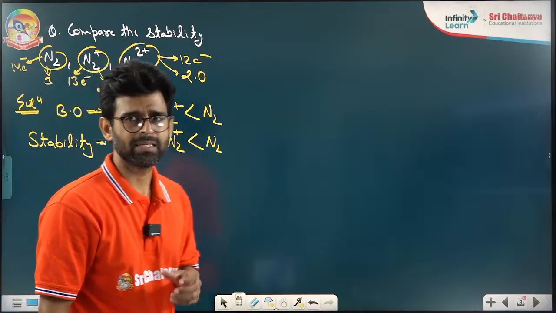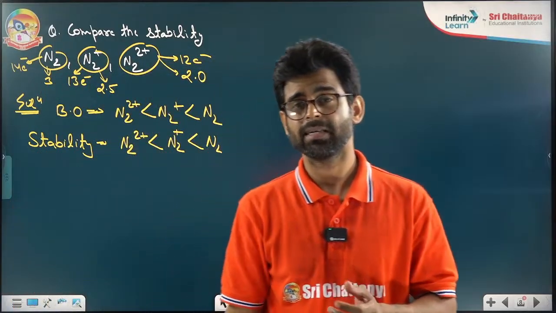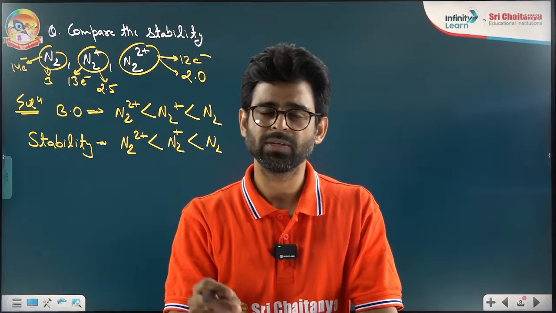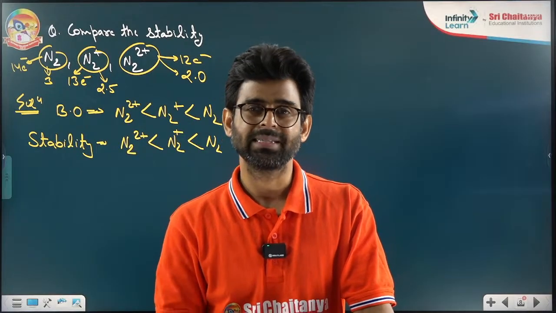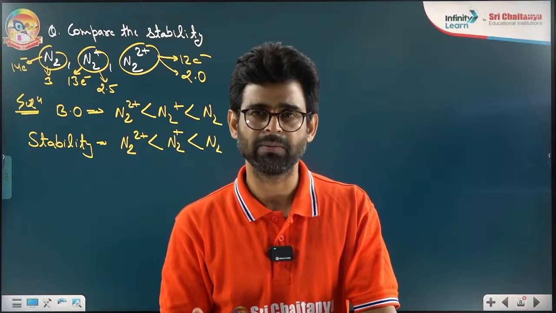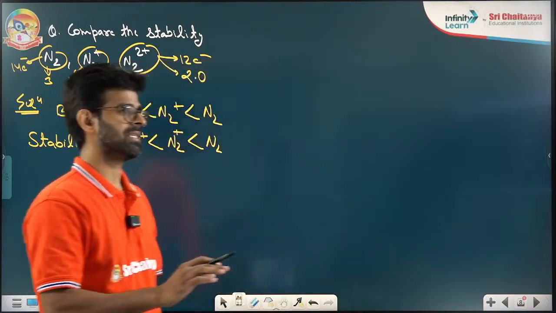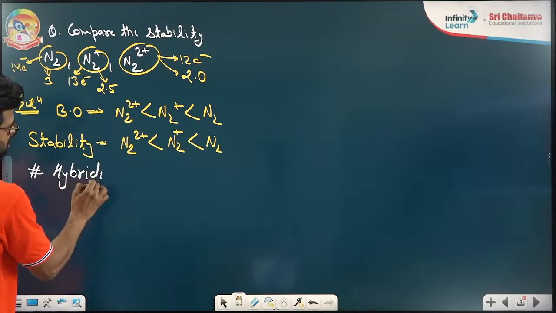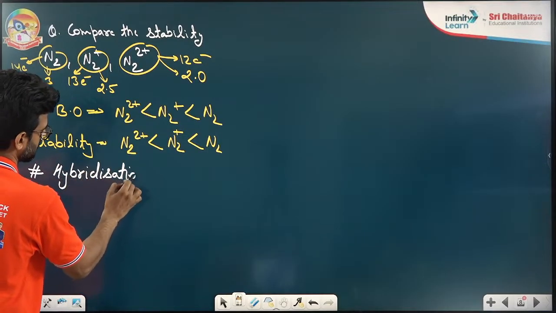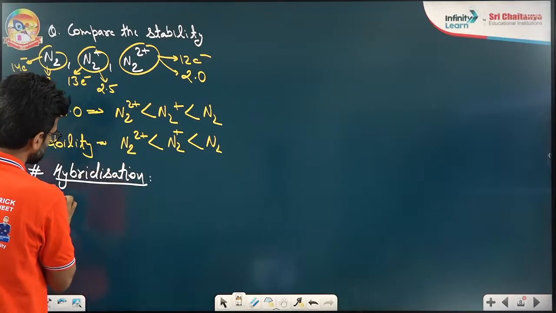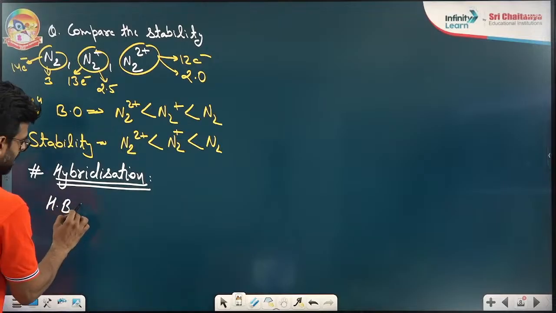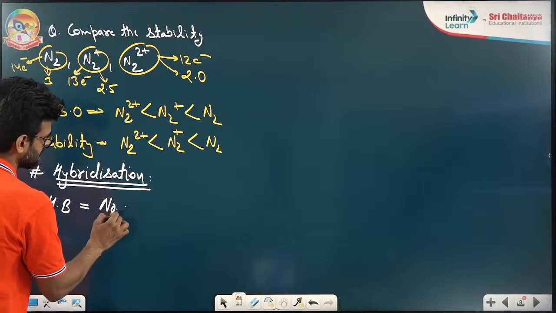Now one small point more. Actually, hybridization is a very detailed topic, definitely, but I am just relating it with the structure. If you know the structure of a molecule, then you can easily find the hybridization. Definitely there are various methods to find the hybridization, but on the basis of structure, how can you find the hybridization? That is also our application. So one small shortcut I am writing, not going into detail. Using the structure, how you can find the hybridization of the given atom: first just find the sum.